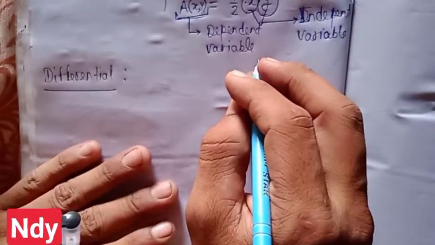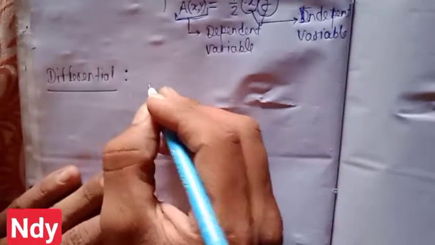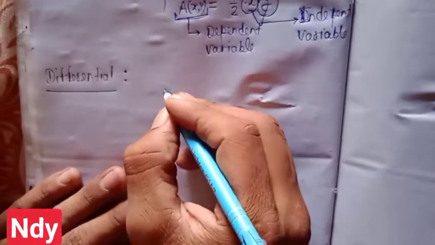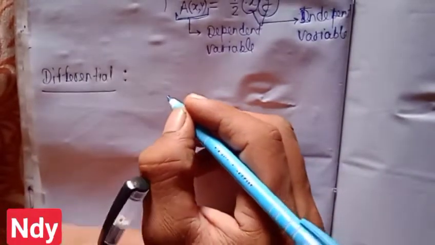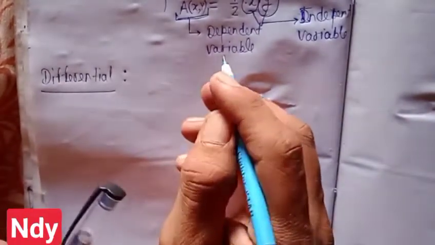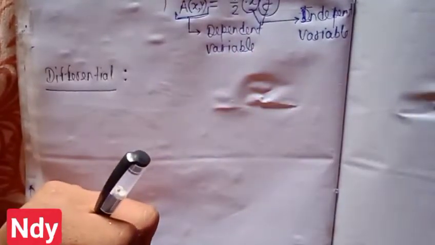A differential equation is nothing but, before that I think you would be familiar with the rate of change or the derivative of a dependent variable with respect to an independent variable. So a differential equation is nothing but a function of dependent variable, independent variable, and derivative of the dependent variable with respect to independent variables.